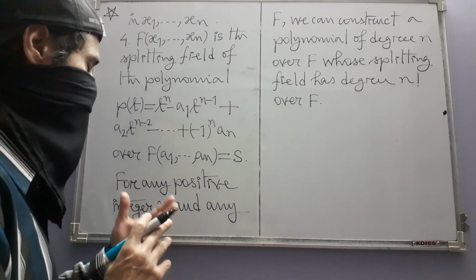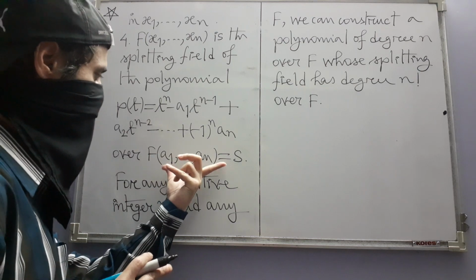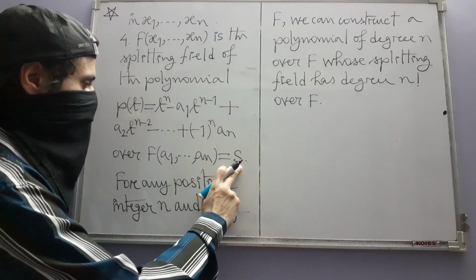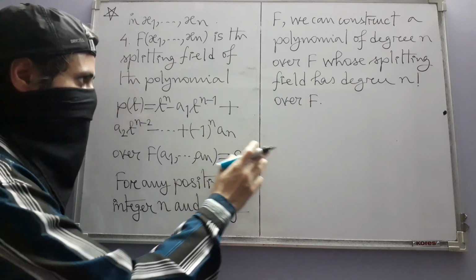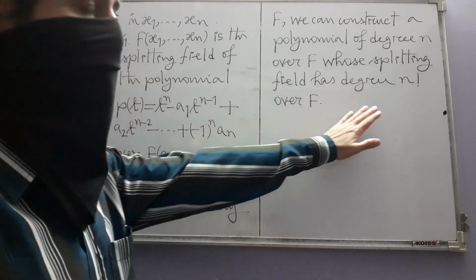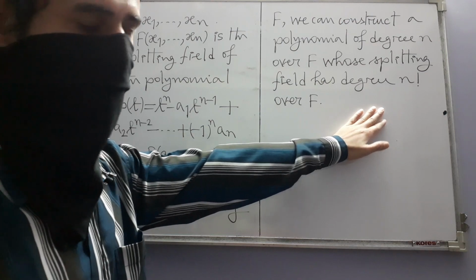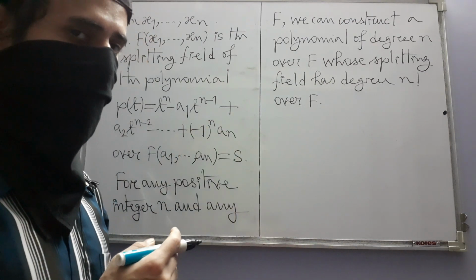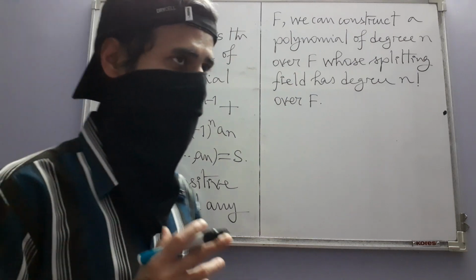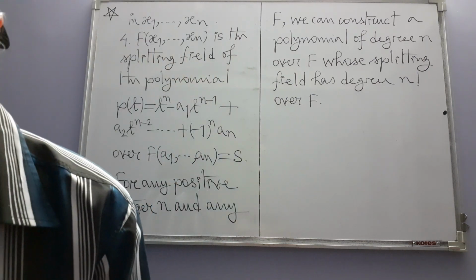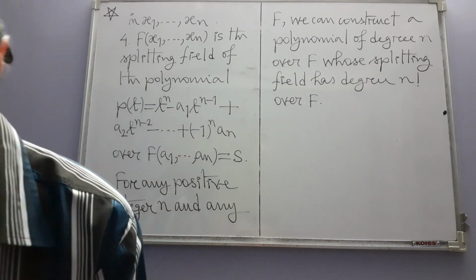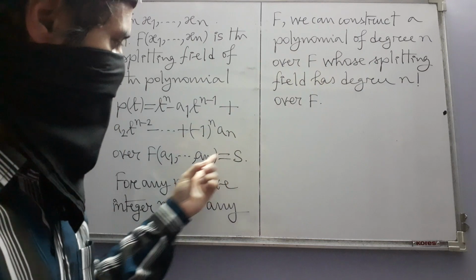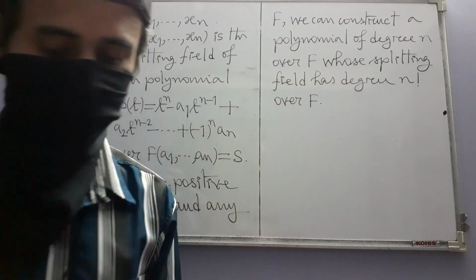No, it's not over f, but it's over this field. Okay, fine. So it's over this field, and the degree, however, that's the main point. The degree is n factorial. So that upper bound of n factorial is actually attained. That's the point here. So you should not consider that this f is this f. Okay, that's not the thing.